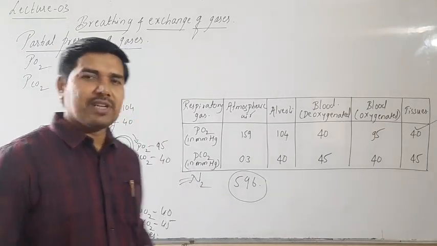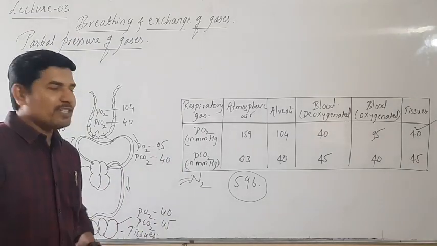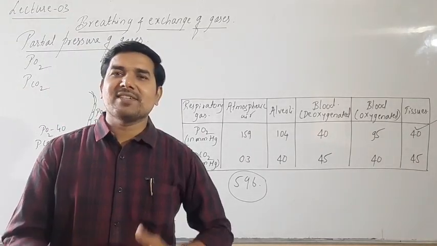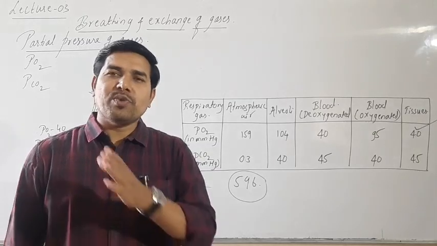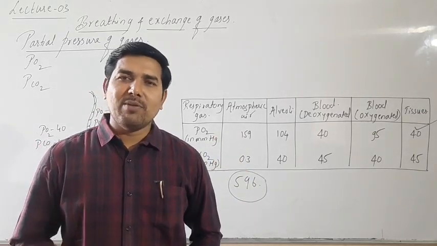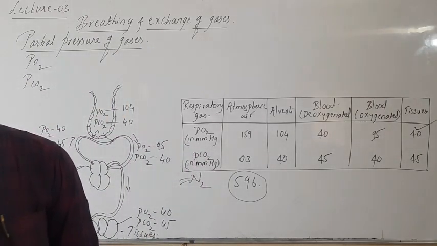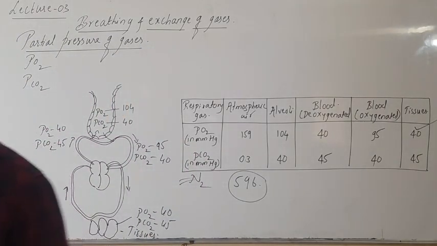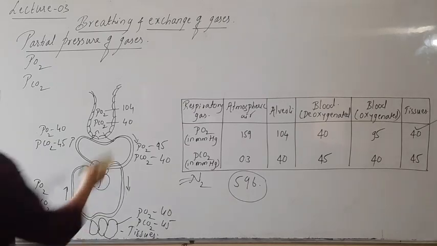So this is the part on exchange of gases, how exactly the gases get exchanged. With this we'll move on to the next part, the transport of gases, and we'll come across the major headings of it also.